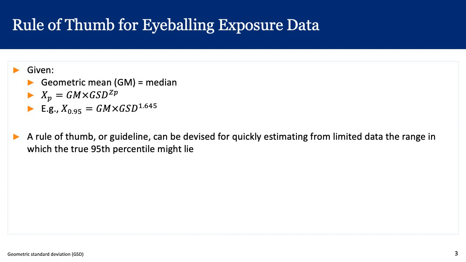So, for example, if we are interested in the 95th percentile, x95, that is equal to GM times GSD raised to the power 1.645, which is the z statistic corresponding to the 95th percentile. If you wanted to look at some other percentile, you would use a different z statistic. And so this simple formula can be used to estimate the 95th percentile.